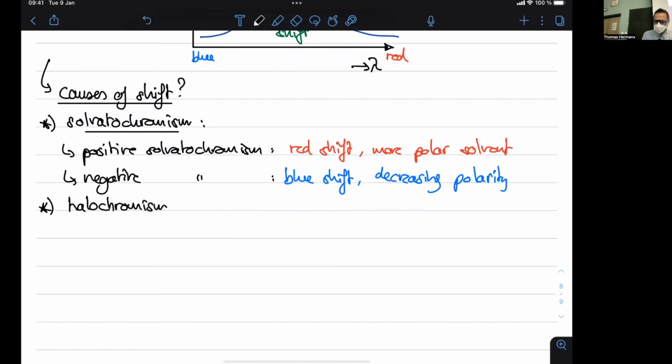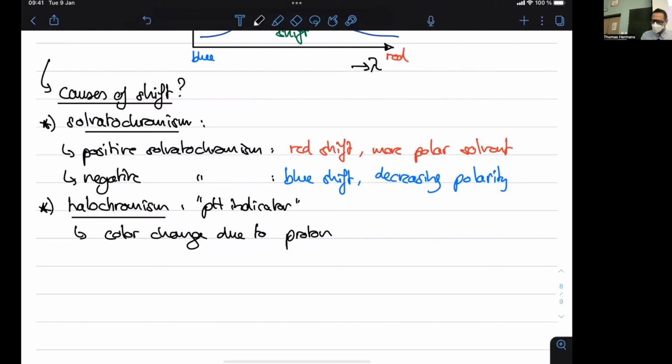Halochromism. That's a very, very fancy name to say pH indicator. So you probably did some pH titration in TP in the first year, I hope. So that's a color change due to protonation.